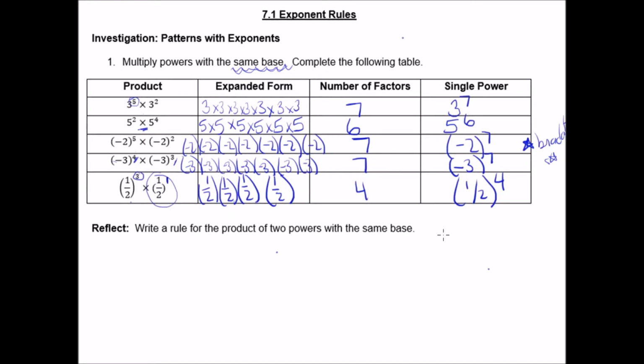What do we notice? We notice that this number here, let's highlight with green, this number here reflects these two numbers added. Okay, so write a rule for the product of 2 powers with the same base. Okay, so here's an actual rule, a to the m times a to the n.